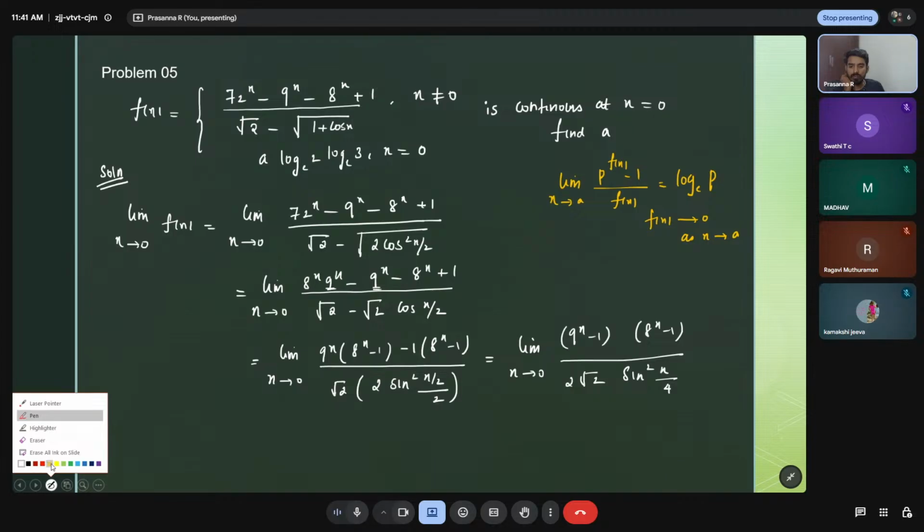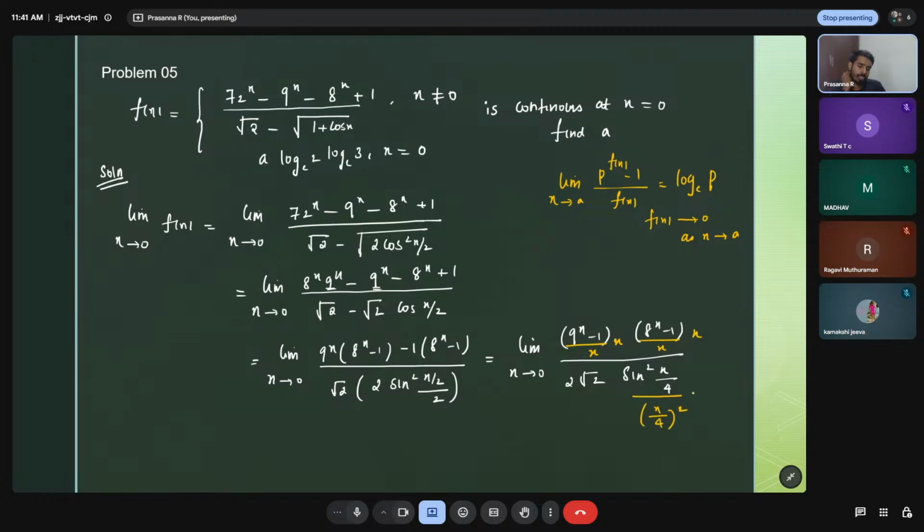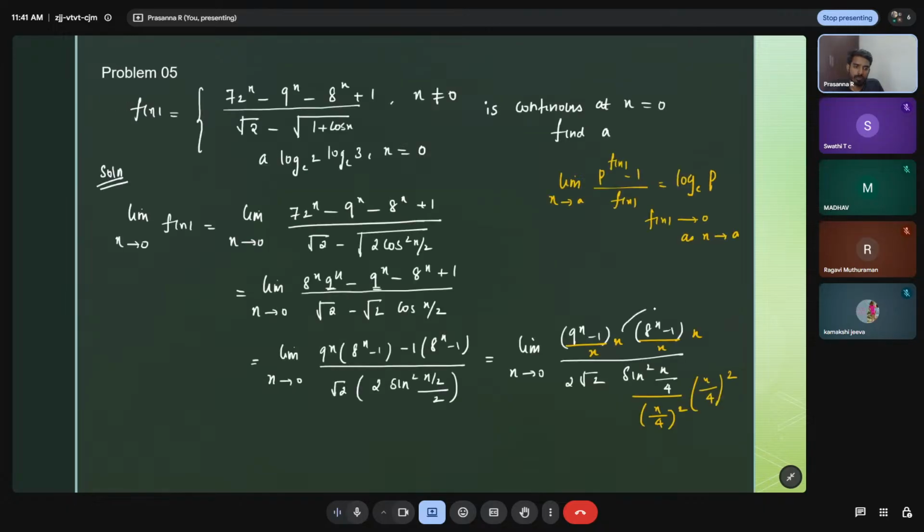So we'll make use of the standard formula, p power f of x minus 1. You multiply and divide by x here, and here you multiply and divide by x. Here you multiply and divide by x by 4 whole square. So the numerator now becomes x times, this x will become x square.